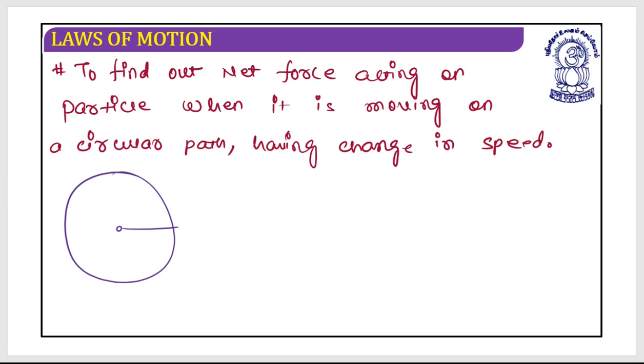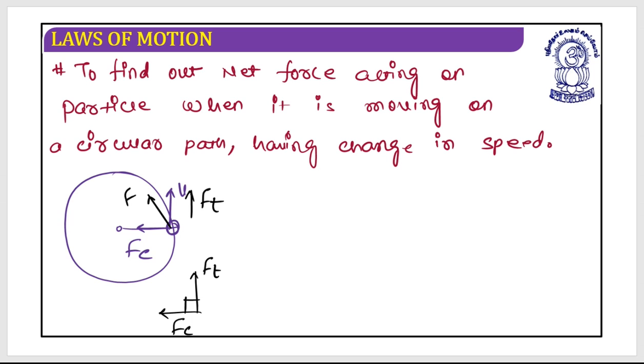Yes, let's suppose this is the particle that is moving in non-uniform circular motion. And when I say non-uniform circular motion, that means the particle changes its speed. So let's suppose this is V, this is Fc. Let's suppose at this instant speed is increasing, this is Ft. So this is the force F acting. If you observe this carefully, this Fc and this Ft both are perpendicular to each other.